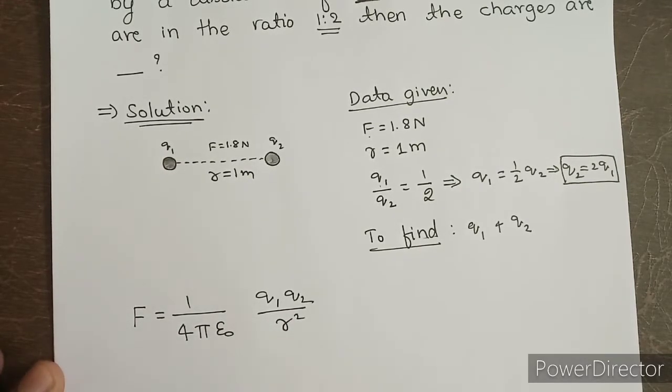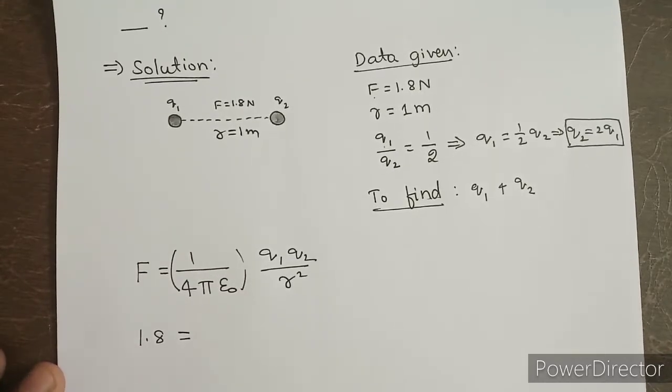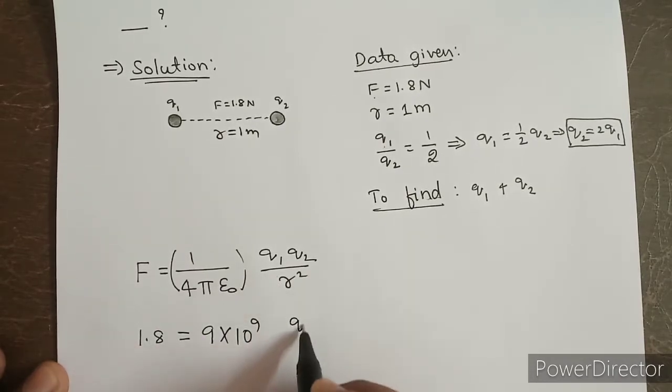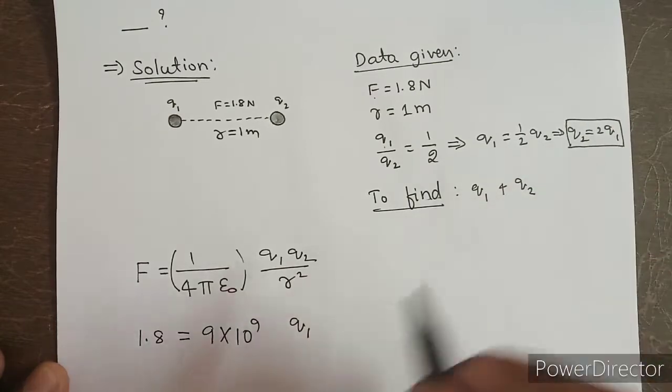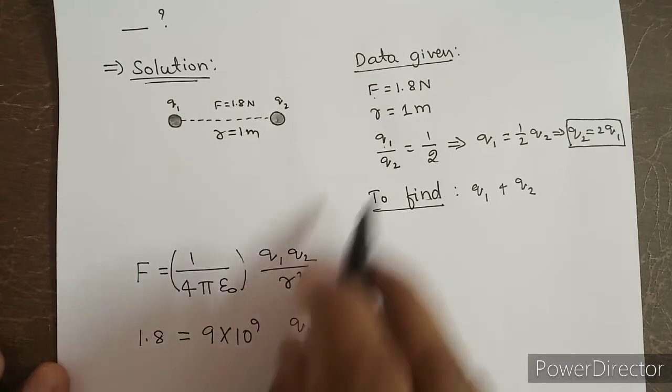So here F is how much? 1.8 Newton, and we should know its value. Okay, so its value is 1 divided by 4 pi epsilon naught, value is 9 into 10 to the power 9 SI units. Okay, and Q1 as it is, so Q2 is 2 times Q1. I will write that here. I will find Q1 first, then I will find out Q2. So R is 1 meter.